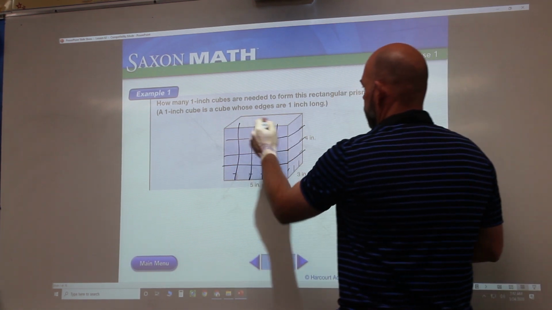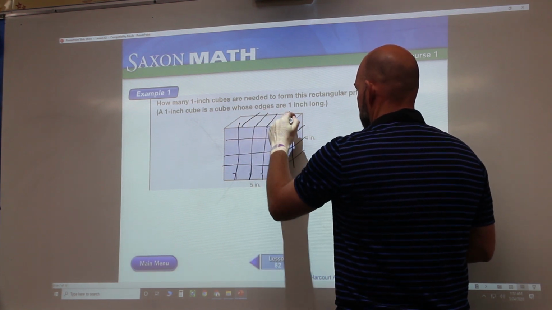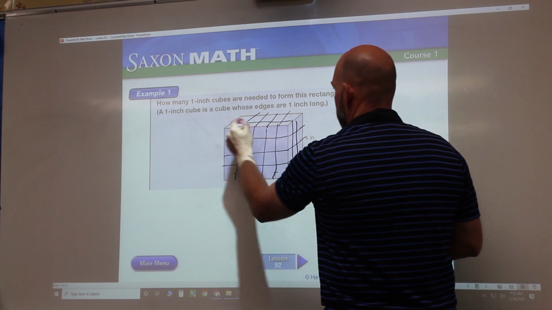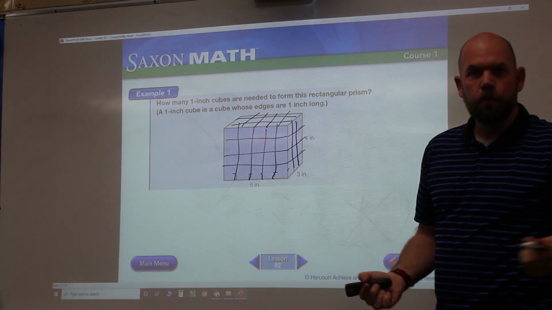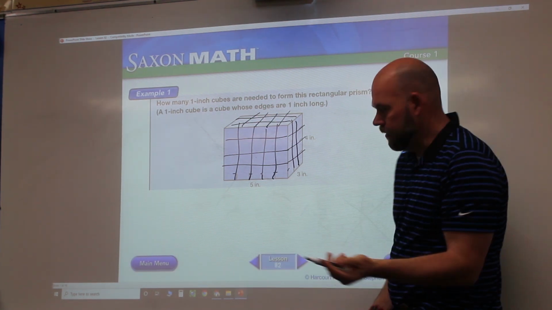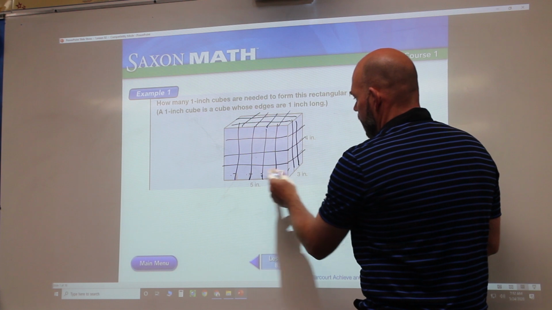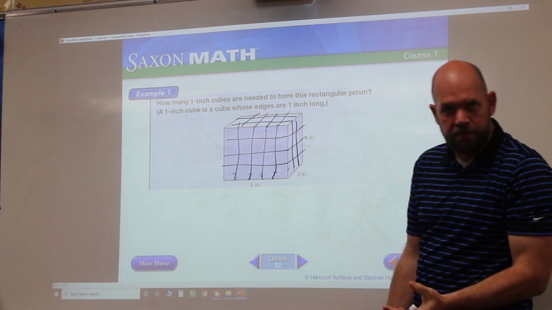Now we have to count it through as well. So we can look at a visual representation. Now we know from doing this previously that we can just count these cubes, right? So if we've got 5 across here and it's 3 levels, that's 5 times 3, or 15 cubes on the bottom level.